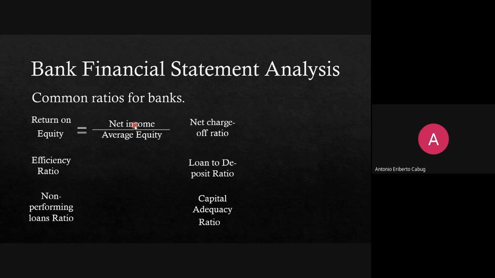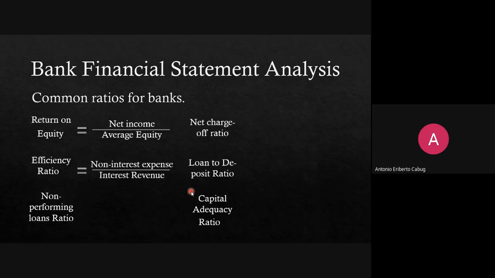I already showed that in the recorded lecture. Then efficiency ratio, NPL ratio, net charge-off ratio, loans to deposit ratio, and capital adequacy ratio. These ratios are specific to banks alone.